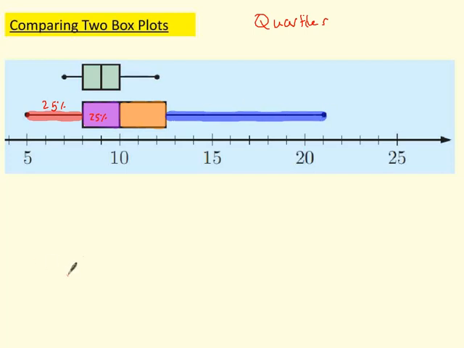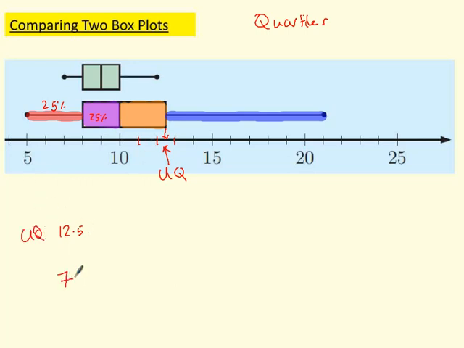So for example, look at the upper quartile on the x-axis. What number is that? That's 11, 12, 13, so that looks like 12.5. So the upper quartile is 12.5.